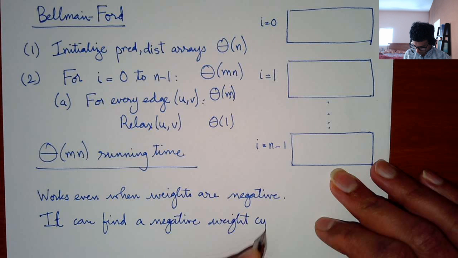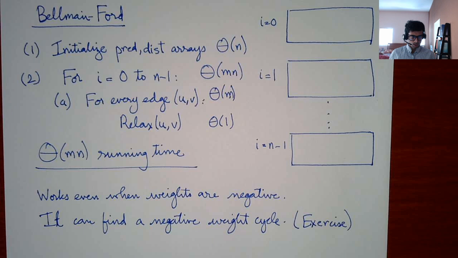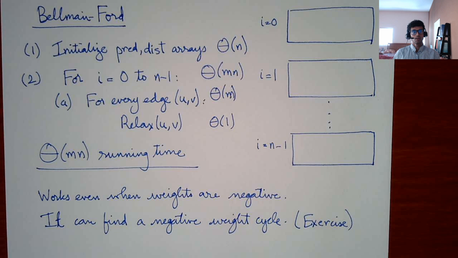I'm not going to prove this for you; I'm going to leave this as an exercise. When I show you how Bellman-Ford works, you can go back and answer this question. Go over and look at it, understand it, and then you will see why it can find a negative weight cycle.